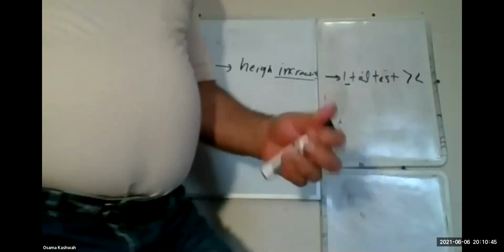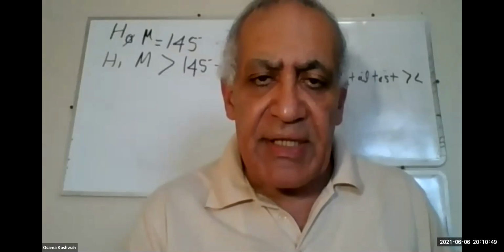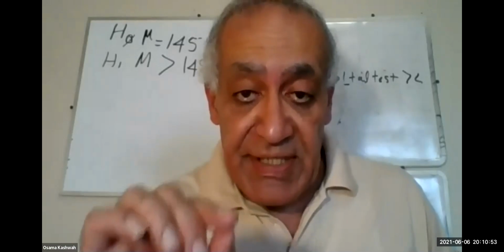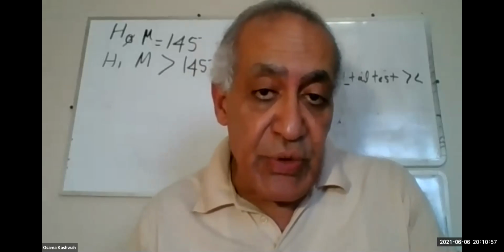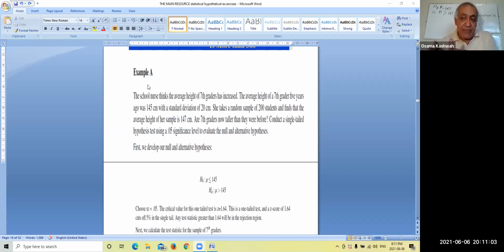In hypothesis tests, you take the numbers from every sentence, and you will make use of them in getting your own solution. Every number is very important for the student to extract meaning from it.